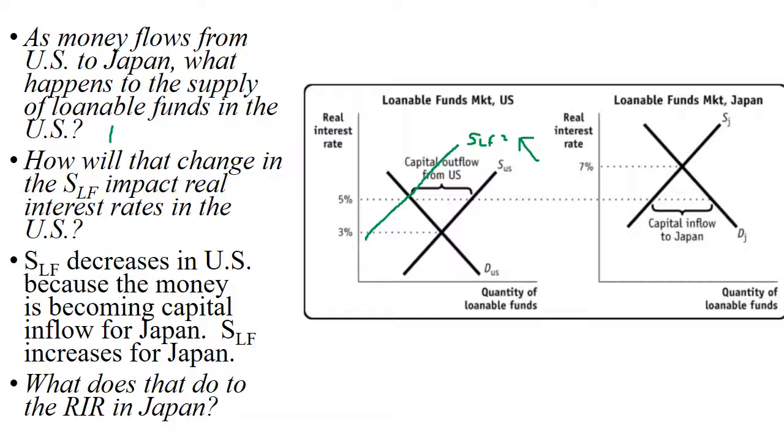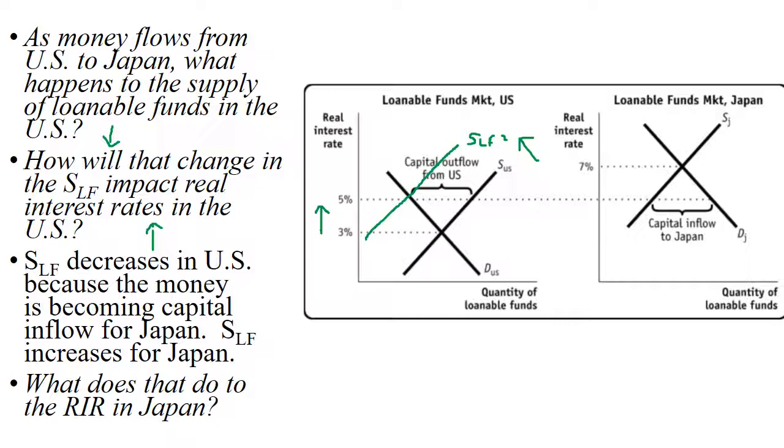It decreases, it shifts left. As that occurs, it's making the real interest rates in the US increase. And it makes sense that our supply of loanable funds is decreasing because we're taking money out of a place where we're going to earn lower interest and putting it into a place where we'll earn higher interest.